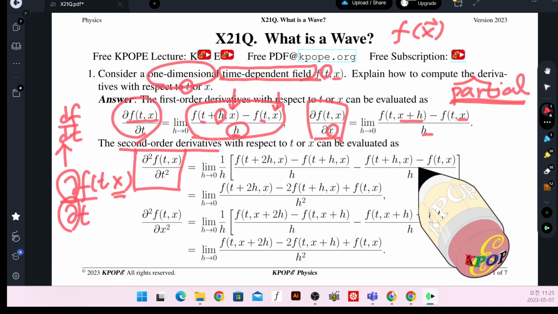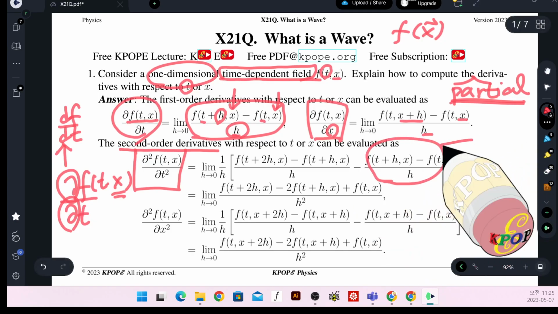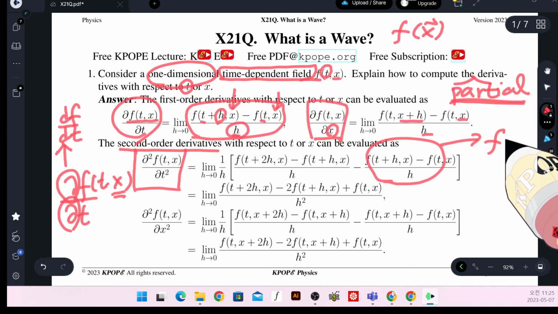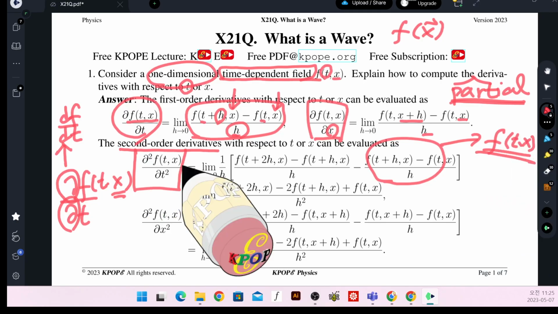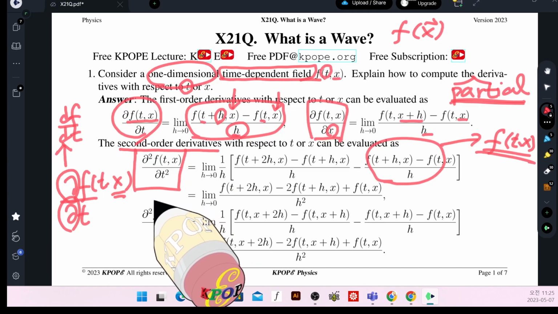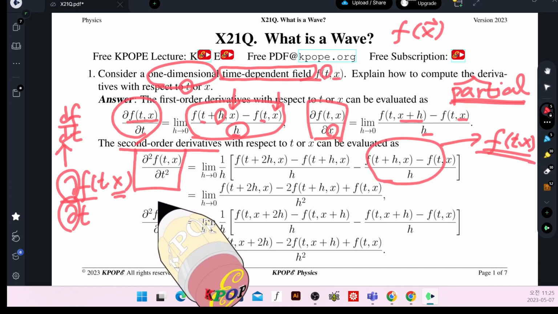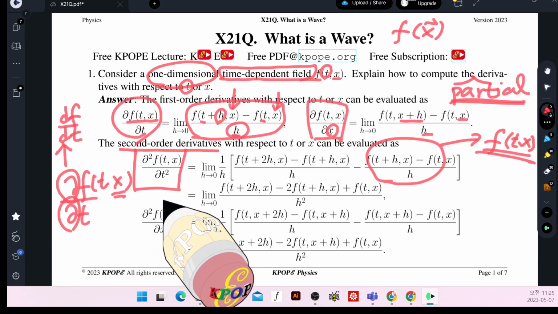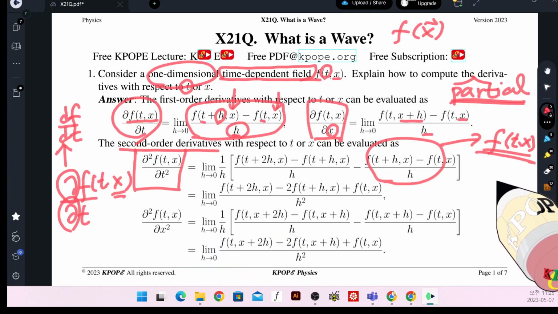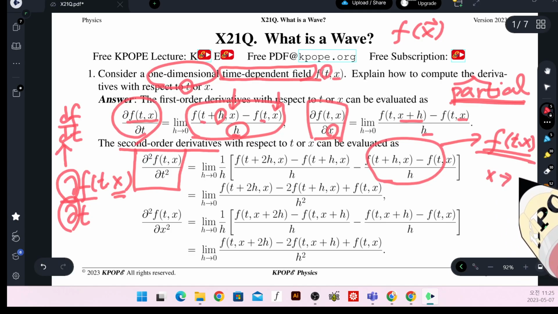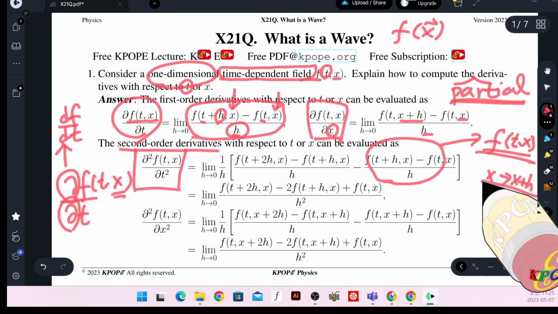We remember that this is the first order derivative evaluated at t comma x. By the way, what we want to do is to compute the second order derivative. So I'd like to find the difference of the first order derivative by shifting x by h.